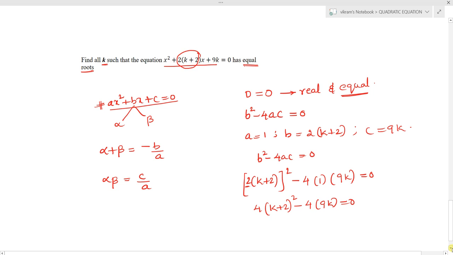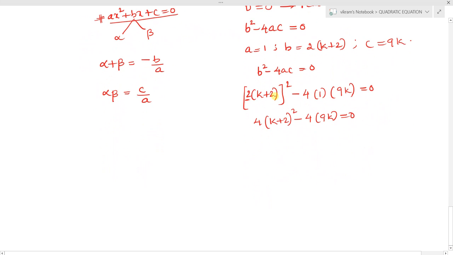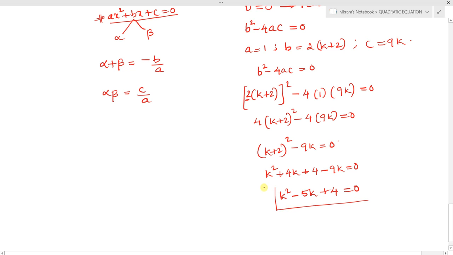If we take 4 as common, we can write it as k plus 2 whole square minus 9k equals 0. Simplifying, we get k square plus 4k plus 4 minus 9k equals 0, so k square minus 5k plus 4 equals 0. Now he is asking us to find the values of k, so if we solve this quadratic equation in k, we will get the k values.